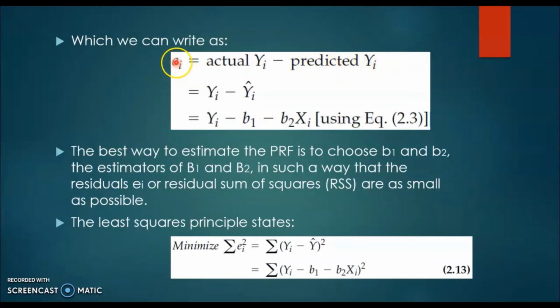Thus, the residual ei is equal to yi minus y hat i. That is also equal to yi minus b1 minus b2 xi. So here we are using equation 2.3.